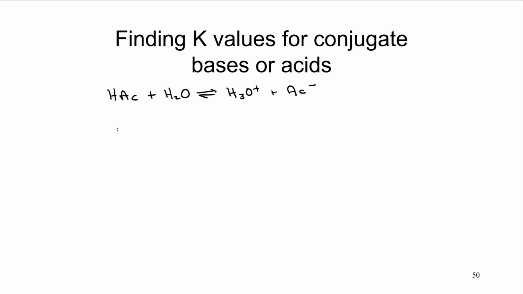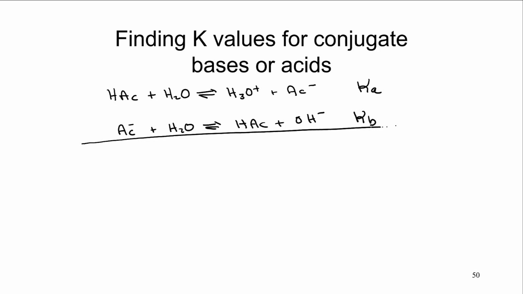And then I'm going to write the Kb reaction: A minus plus H2O in equilibrium with HA, so that's A minus plus H2O in equilibrium with HAc plus OH minus, like this. So this is Ka, and this is Kb. Now watch what happens when you add these two reactions together. I always thought this was really neat how it worked out.